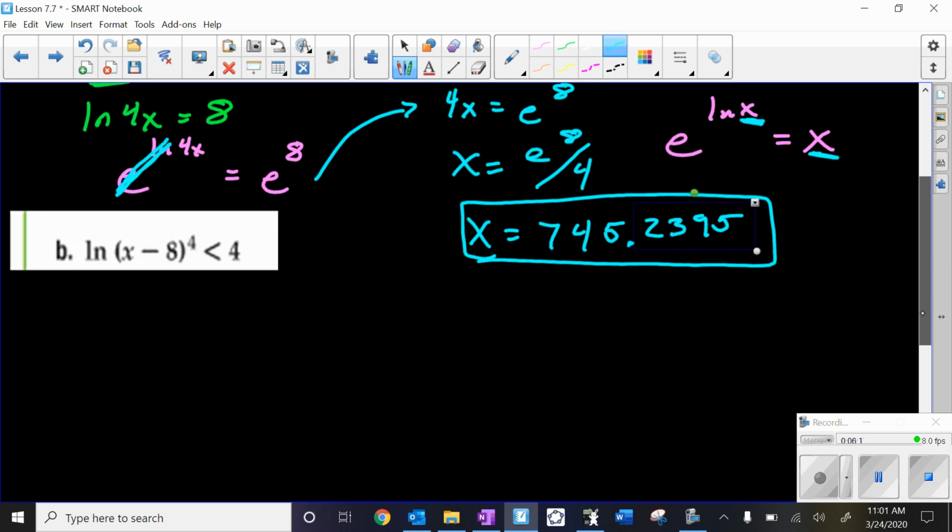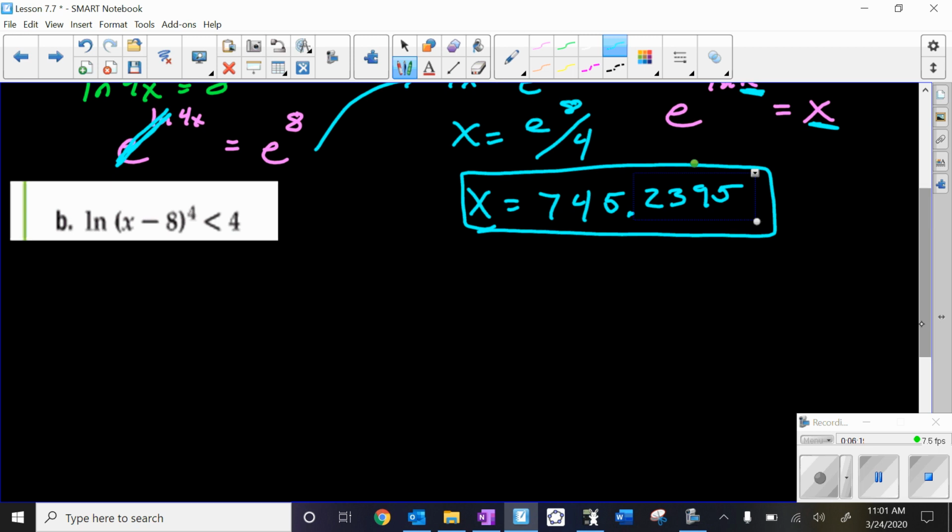We'll also do letter B. This one just uses an inequality, but it's pretty similar. You just need to make sure that you're not dividing by negatives. This one does add a step to it. Notice this time I have an exponent up here. I'm going to use my exponent rule first, and since I have a natural log, I can take this exponent and move it out front right away.